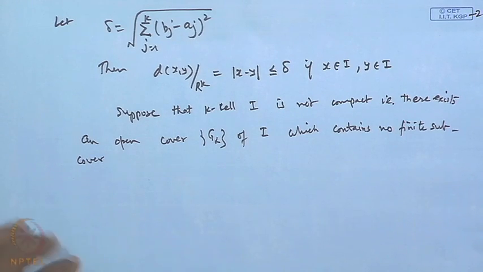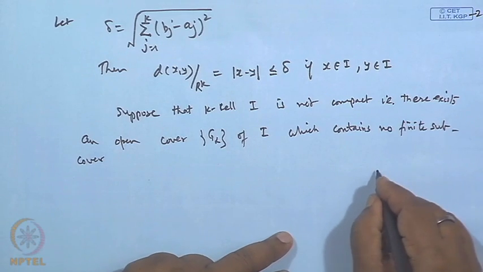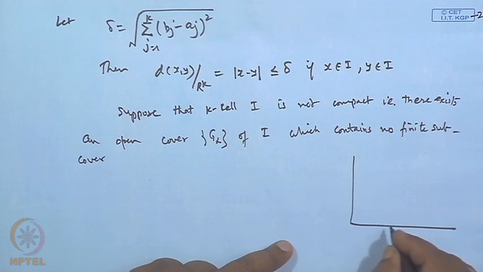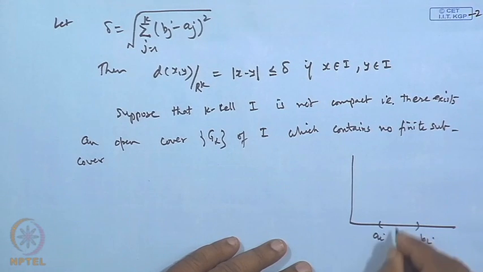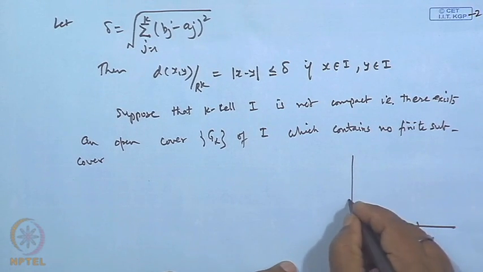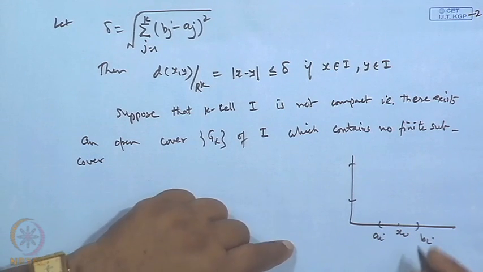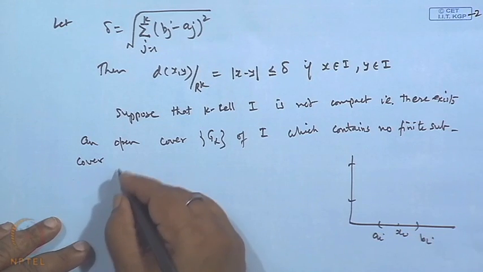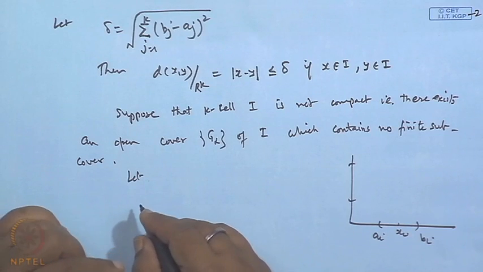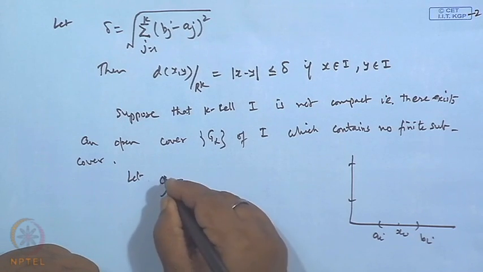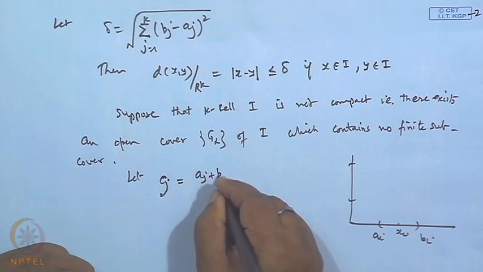So, let us suppose this is our I, say here is A, this is B, and here is somewhere X. This is another point. Let us pick up c_j as a point, which is (a_j plus b_j) by 2.